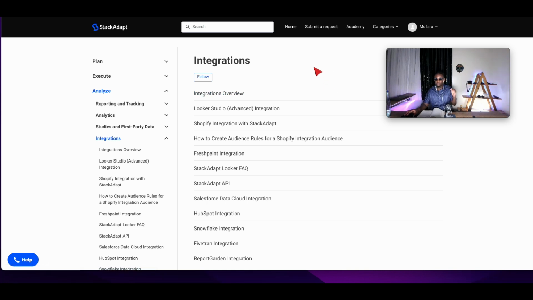Campaign Manager 360 is the reason why a lot of advertisers gravitated towards DV360. It's like DoubleClick.